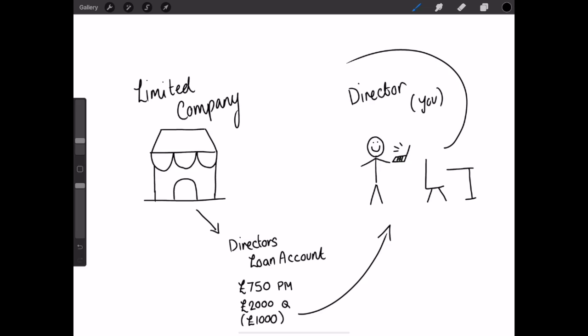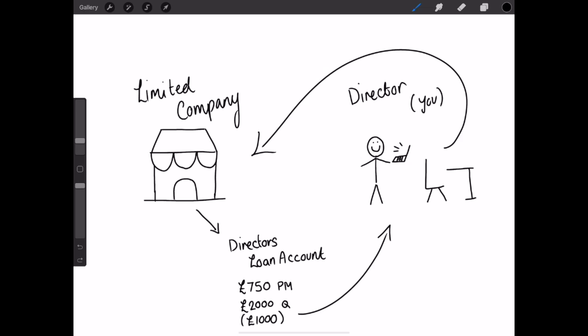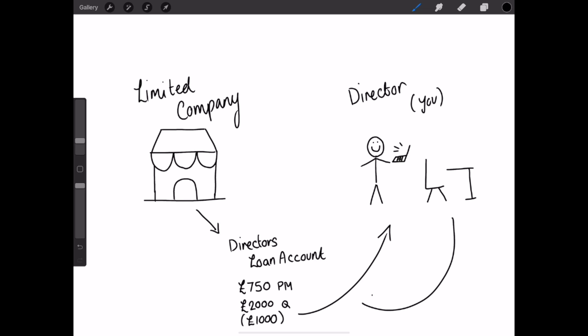But instead of going directly into the limited company and then having to pay cash over straight away, which again, you may not have enough cash to do that, why not introduce it to your director's loan account, creating a balance against you that you can then withdraw at a later date when you feel that you have enough cash to be able to make that payment.